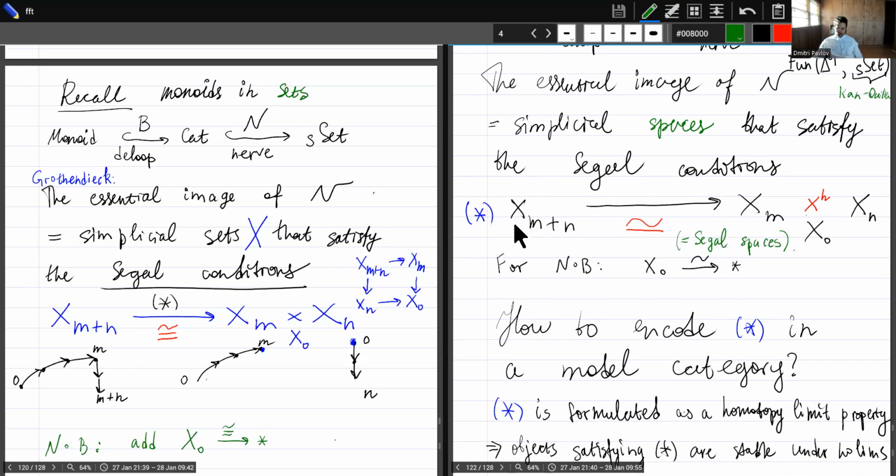If you take the homotopy limit of a diagram of objects that satisfy this property, then the homotopy limit is again going to satisfy the same property, because homotopy limits commute with homotopy pullbacks. Simply because homotopy pullbacks are a special type of homotopy limit, and homotopy limits commute with homotopy limits.